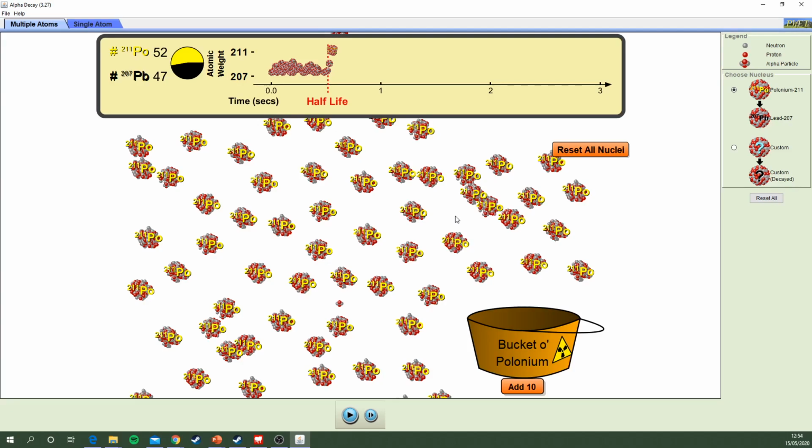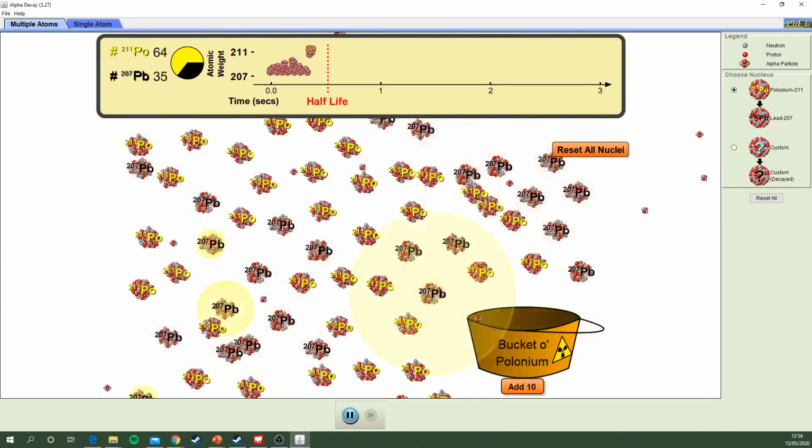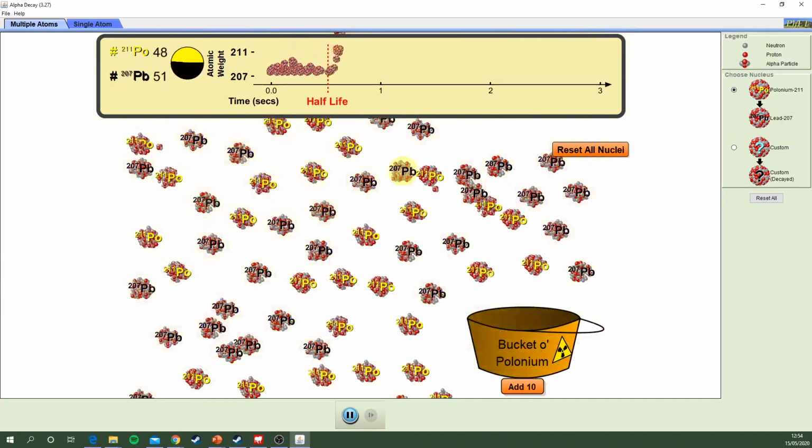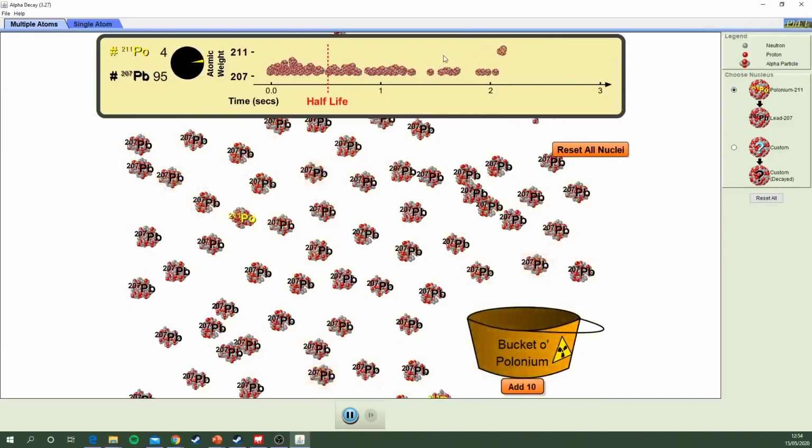But on average, at the start, when there are a lot of these nuclei, if I click play, a lot of them are going to decay very quickly. But as I leave it running, there are now fewer atoms that can decay, and therefore the activity reduces. You see now there are few decays taking place, whereas at the start there are a lot of decays happening. At the end, now there are very, very few.